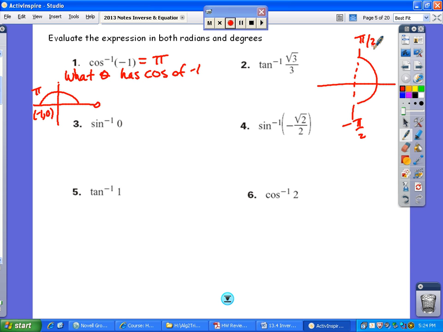Since this is positive, we want the 30-degree family. We're in the first quadrant and the fourth quadrant. Tangent's only positive in the first quadrant. So that means our answer is pi over 6, which is the 30-degree family. All right, so they want it in radians and they want it in degrees. So we should have had the previous answer as 180 degrees also, because that's what the directions are asking us for.